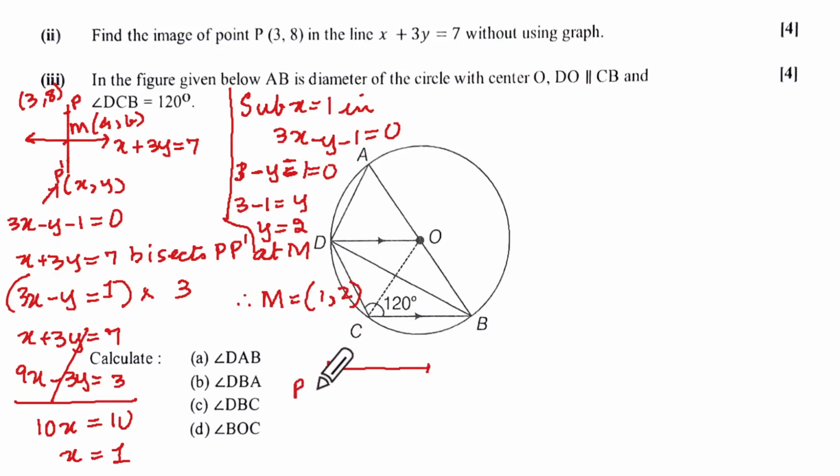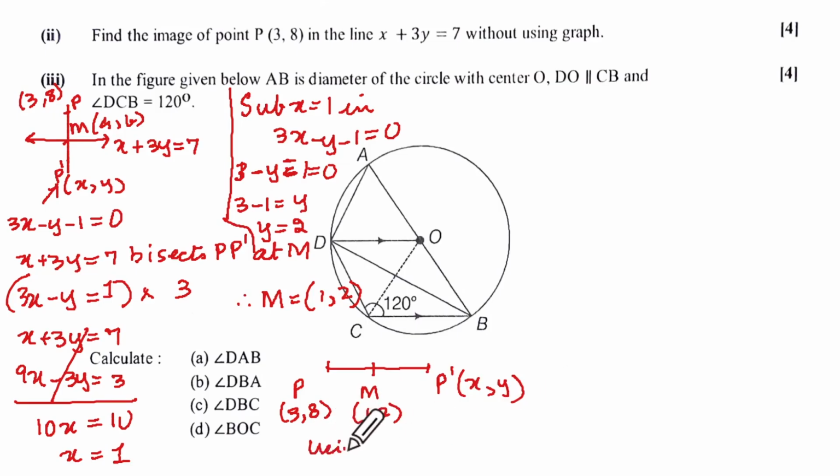P is equal to 3 comma 8, M is equal to 1 comma 2 and P dash is equal to x comma y. Correct?